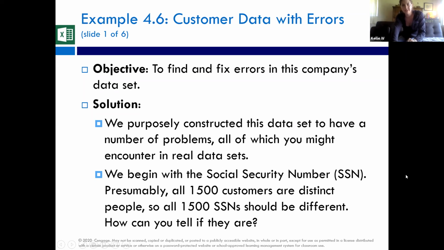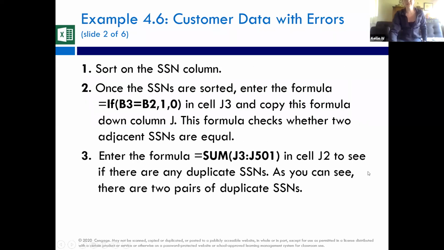So for one thing, there's a field called social security numbers. Presumably all of our customers are unique people, so we need them to all have unique social security numbers. So how could we confirm whether or not they are?